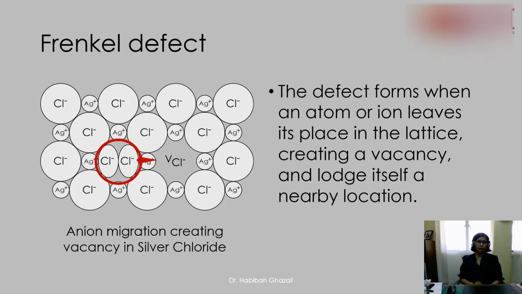So this defect forms when an atom or ion leaves its place in the lattice, creating a vacancy, but instead of going missing, it lodges itself in a nearby location, as what you can see in this example of an anion migration creating a vacancy in silver chloride.